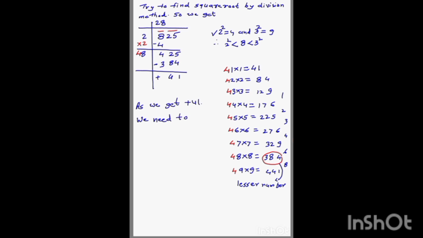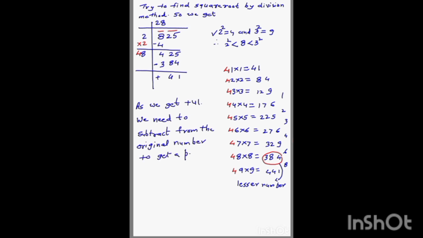Now your answer is 41, so we have to subtract this 41. What is asked is what number you have to subtract from 825. When it is positive you have to subtract it, so you have to see that you are getting a positive answer.